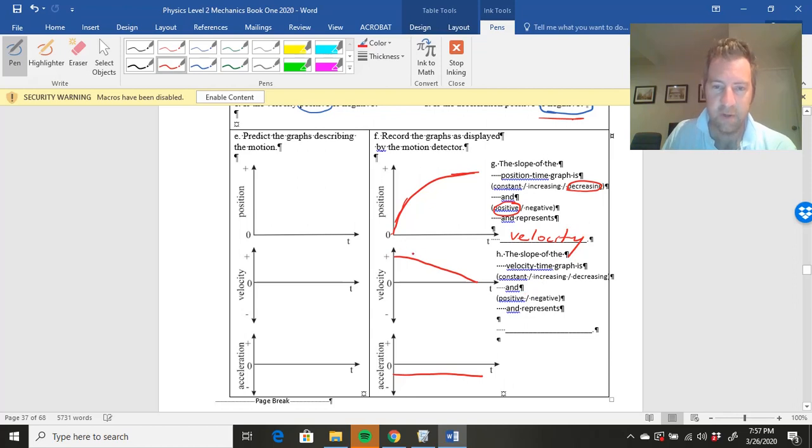The slope of the velocity time graph, that's a negative slope, but it's the same slope the whole time. It's a constant one. And the slope of the velocity time graph always represents acceleration. That makes sense because a negative slope and I've got a negative acceleration.